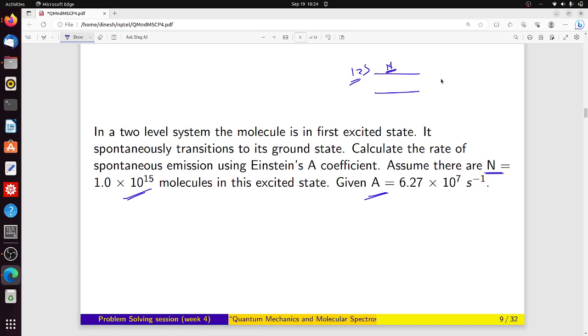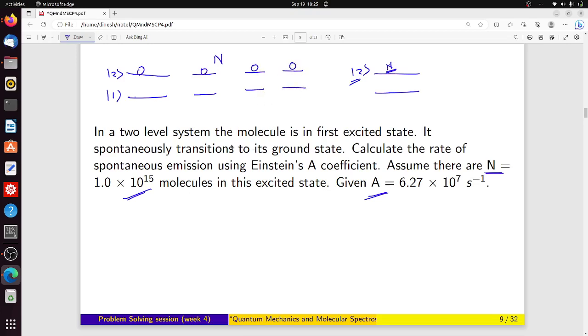Are you getting it? You can picture it as if there is one molecule, and that electron is in the second state. There are N such molecules where the electron is in the second state.